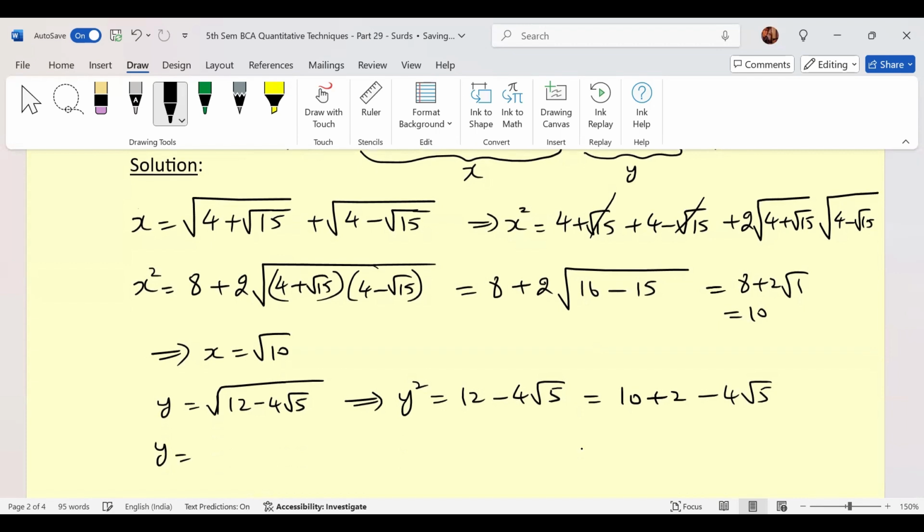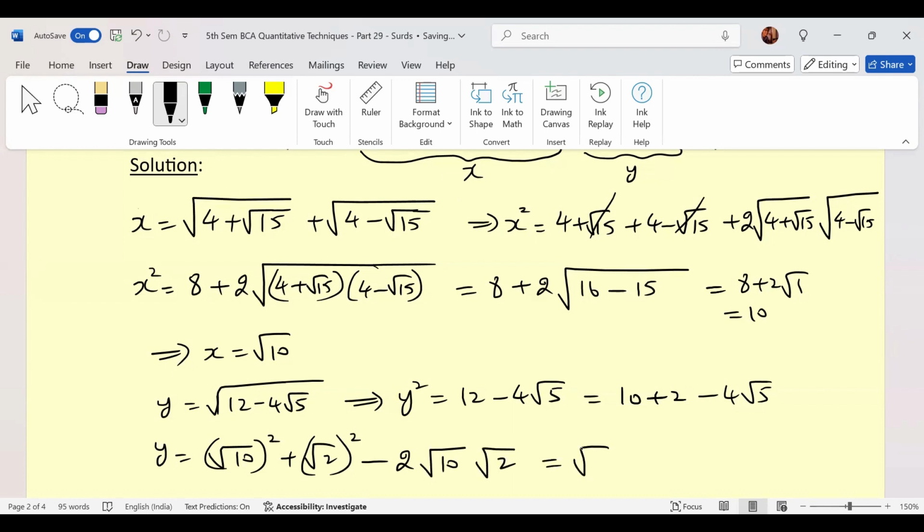So y will be root 10 the whole square, root 10 the square plus root 2 the square minus 2 times root 10 root 2.